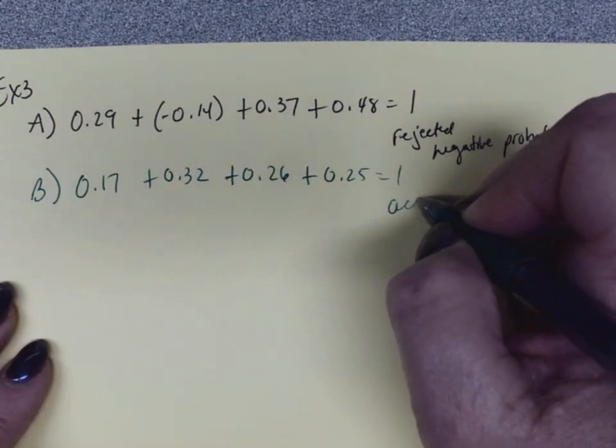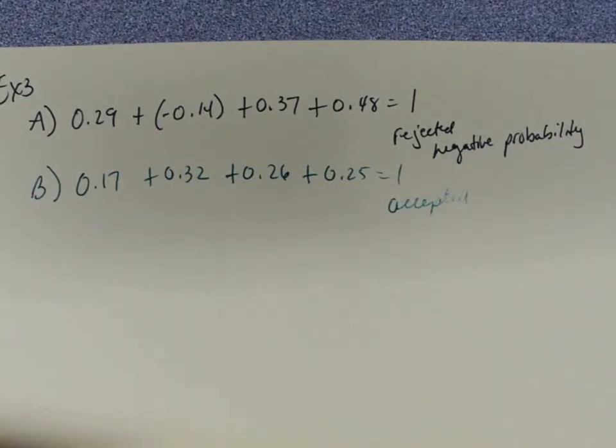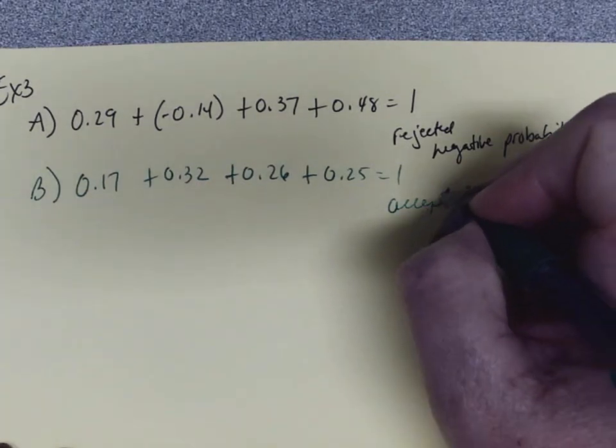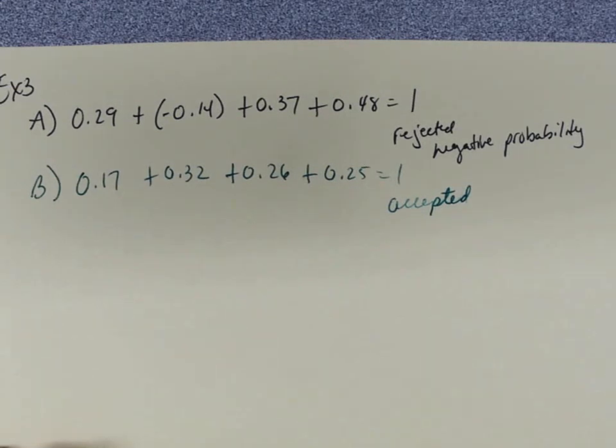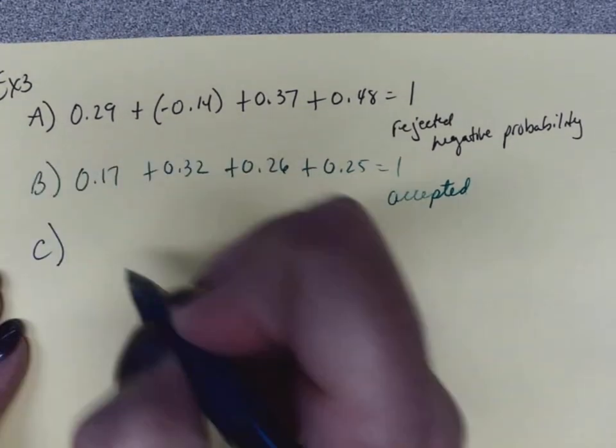This one will be accepted because it totals to 1 and it is positive. Apparently my green pen is just going to be sad. It's got lots of ink, but it's not going to work. So it's going to be accepted. Probability equals to 1.